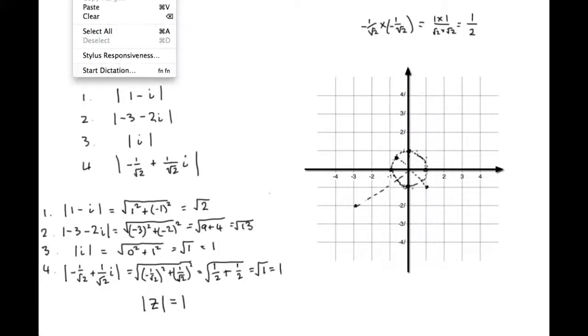Okay, one last example, we'll get into some proofs. And again, this is one that you should be trying before I do this. So prove, I'll call this example 5, that the modulus of negative z is equal to the modulus of z.